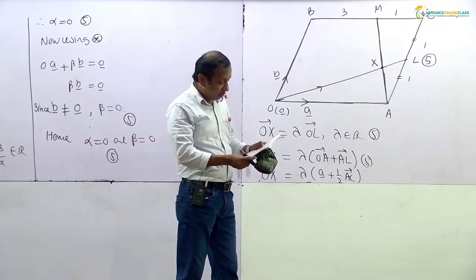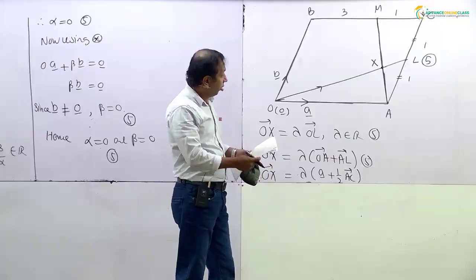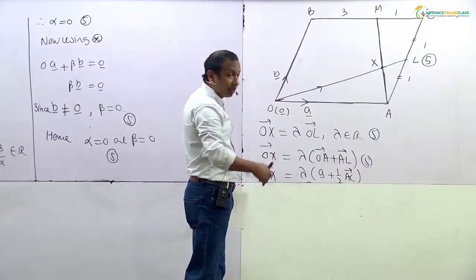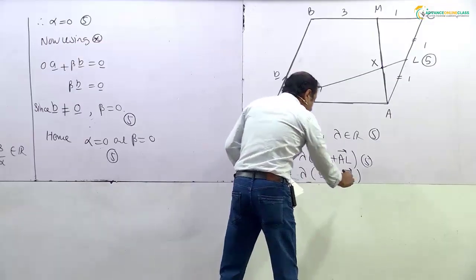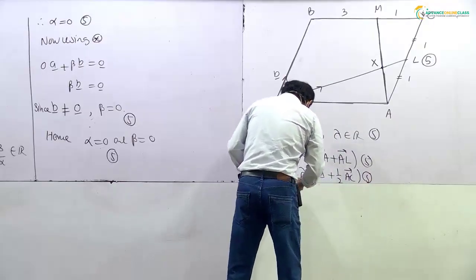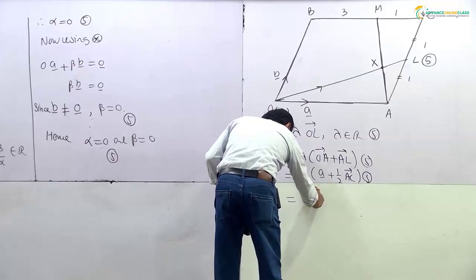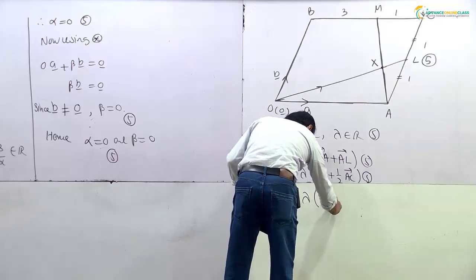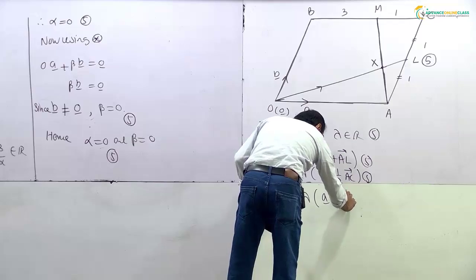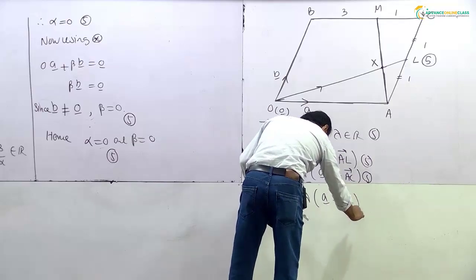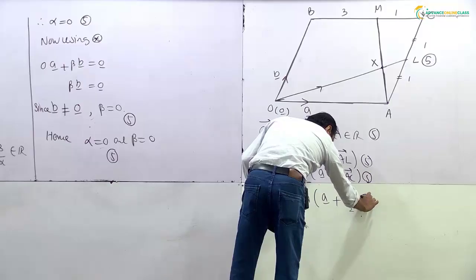We are given OACB is a parallelogram, no? Then this AC vector and OB vector are equal. Then this is also 5 marks. Then you can write OX vector lambda times A plus AC vector means B, no? B by 2. For this also 5 marks.